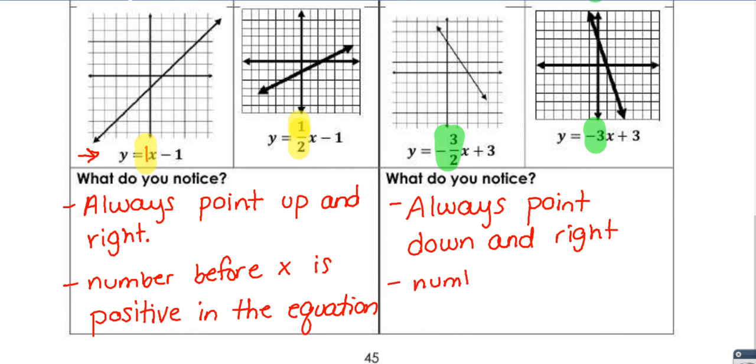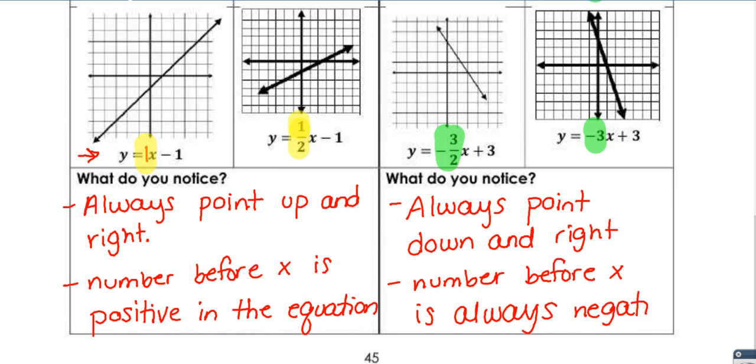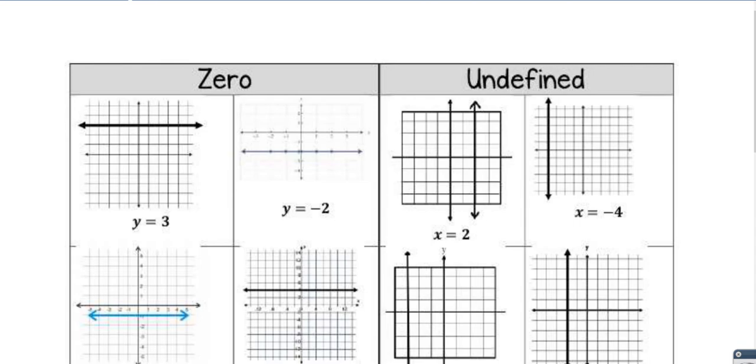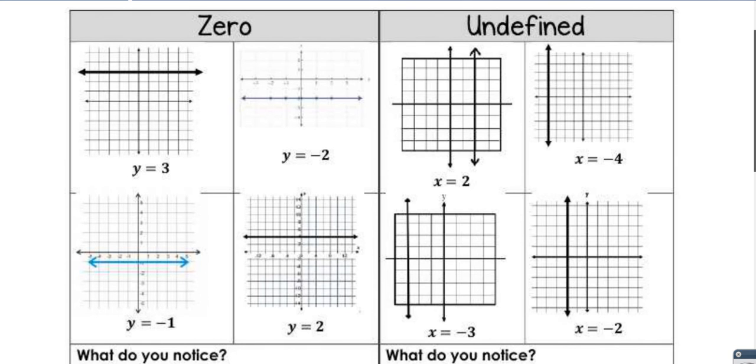And the number before x is always negative for negative sloped lines. Pause it if you need to write that, and we're going to go ahead and move on to the last two in our slope dude chart. The last two that we learned about from slope dude are 0 and undefined.